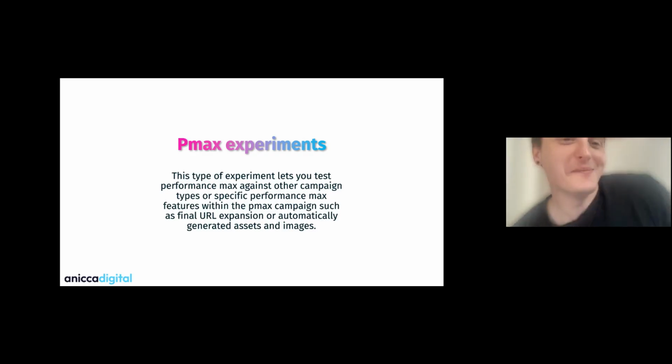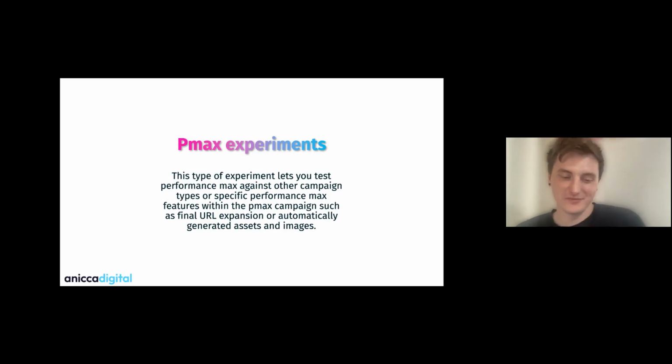Don't worry. But yeah, final URL expansion is effectively allowing Google to expand the URL, the landing pages where your ads drive the traffic. So, for instance, let's say you have a lot of products within your listing in Performance Max, and you send them to specific pages based on the search. Final URL expansion is a feature you can just tick on in Performance Max.